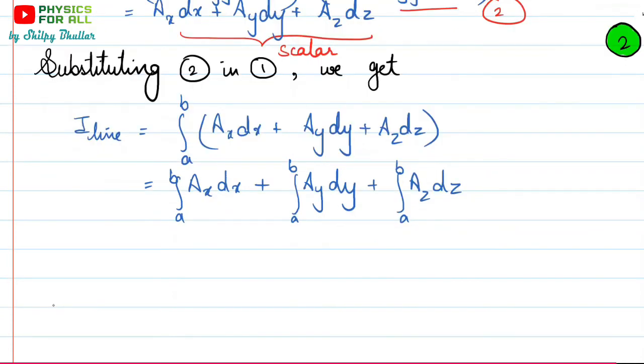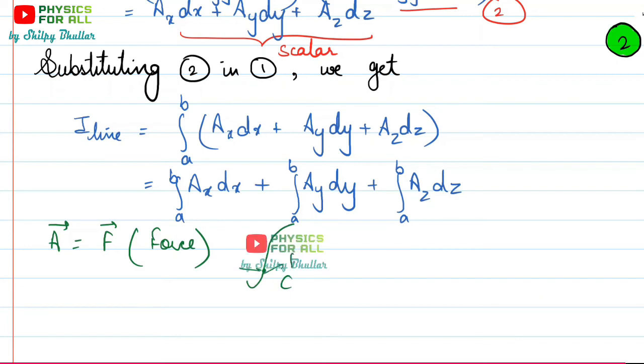Now suppose, for example, this vector A is force. You know we can denote force by this letter with an arrow overhead. So suppose our vector field A is force, and of course the force is acting on a particle which is moving along this curve C. See, this particle is moving along curve C, and this force is acting on it.